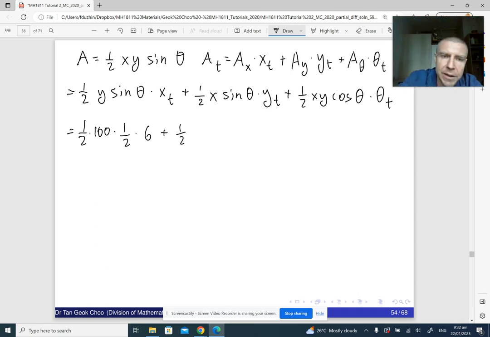Now x is 80 times sine theta, which is again 1/2, times y_t is negative 4, plus 1/2. x is 80, y is 100, so xy is 80 times 100, times cosine of pi over 6, which is square root 3 over 2.